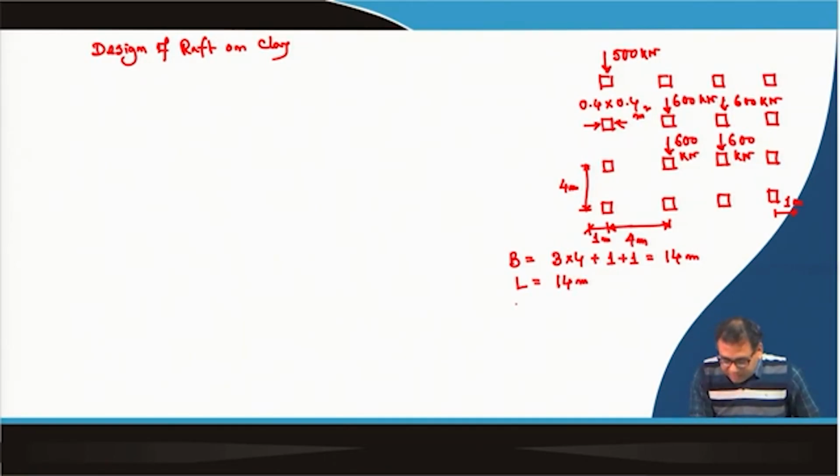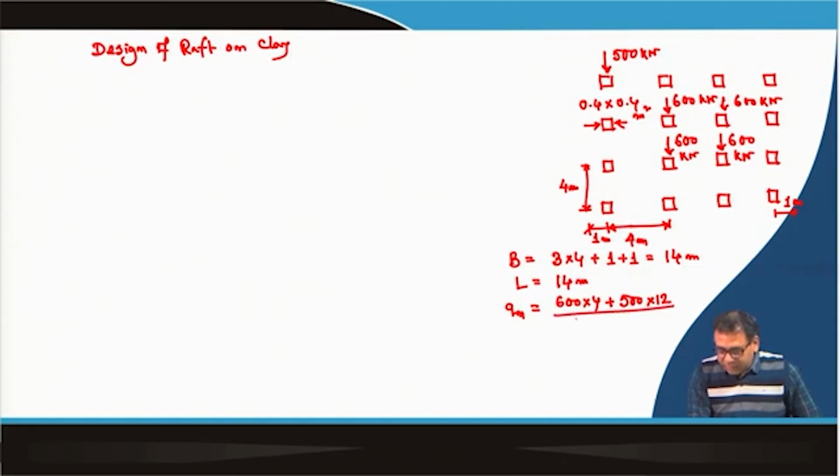And for the first trial, now we will go for the net stress that is acting on the raft. The total load is 600 into 4 columns, and the 12 other columns, the load is 500 kilonewton.